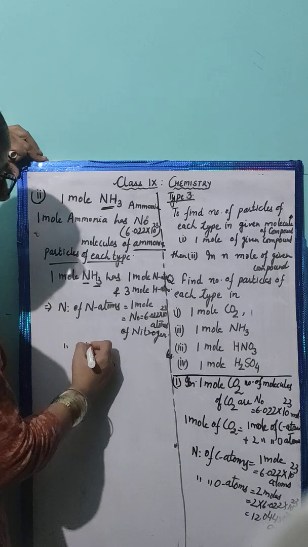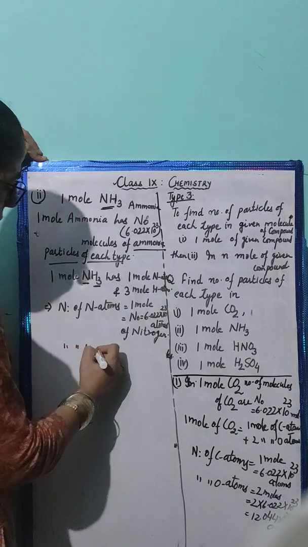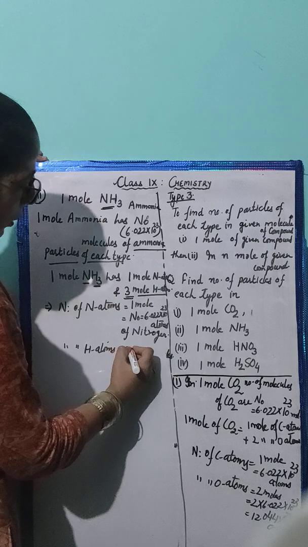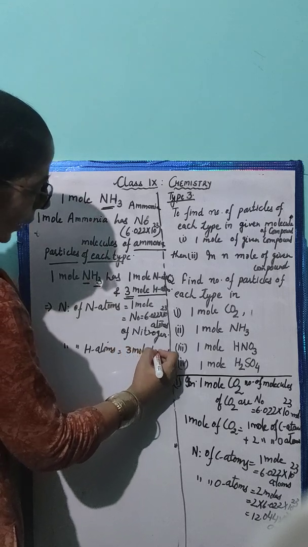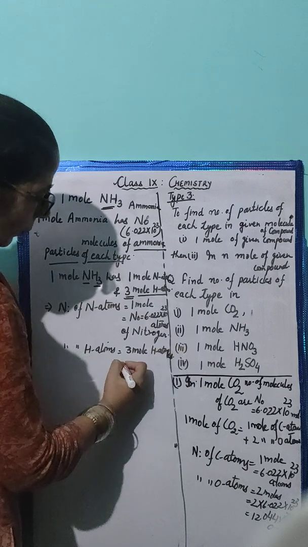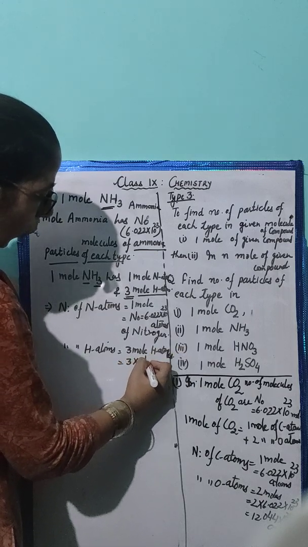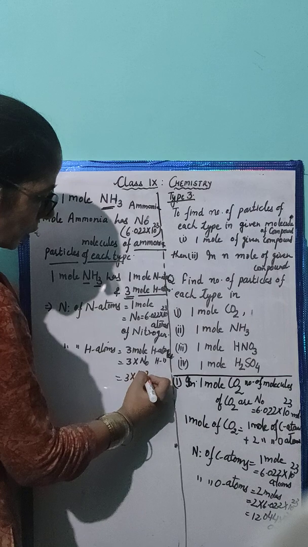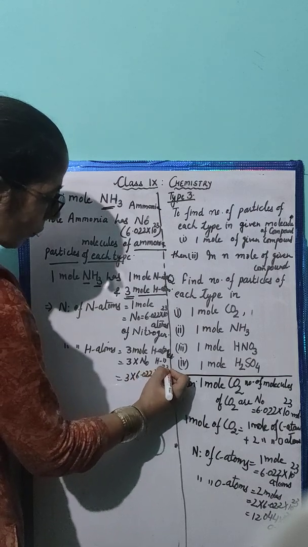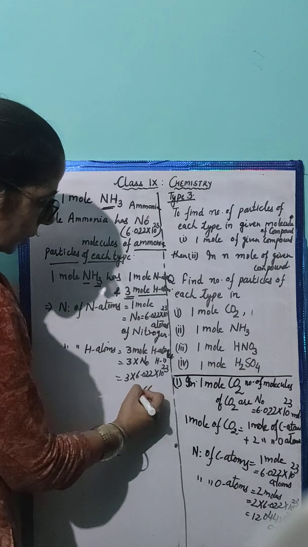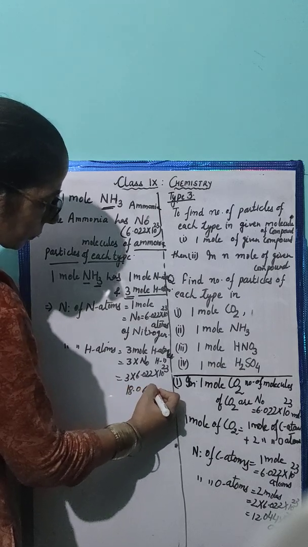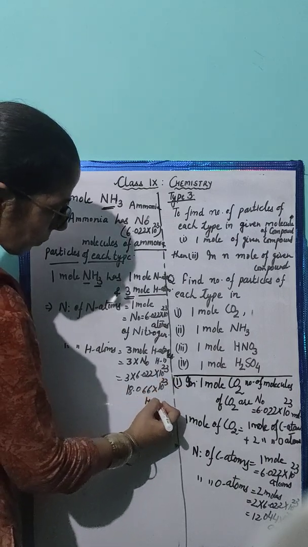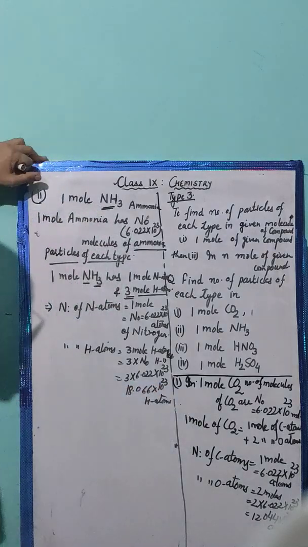And the number of H atoms, how many will there be? 3 moles of H atoms, so that will be 3 into N naught hydrogen atoms. 3 into 6.022 into 10 to the power 23. 3 twos are 6, 3 sixes are 18. Hydrogen atoms. I hope you have got it.